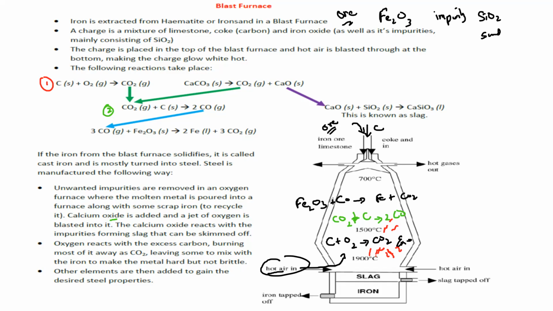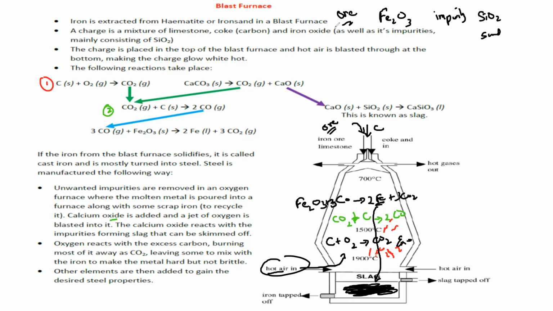So the equation must be balanced: Fe2O3 plus 3CO gives 2Fe plus 3CO2. This iron which is produced here will not be vaporized because iron has a high boiling point. So this iron will be in a molten state and will move towards the bottom of the furnace. So we'll get the iron at the bottom of this furnace.